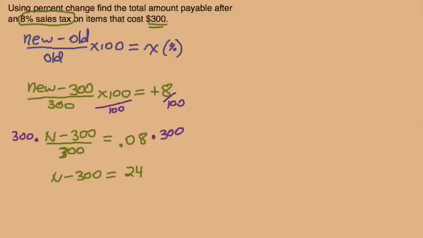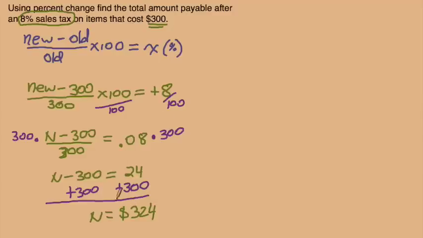And then the last step is to get N by itself, so you would add 300 to both sides and end up with our final answer, which is the new value is going to equal $324. So after tax on $300 of 8%, we will now be paying out $324.